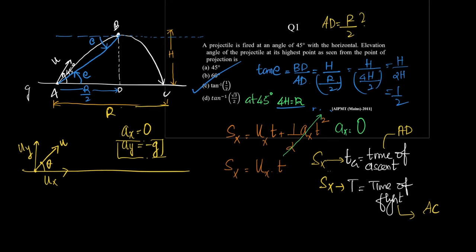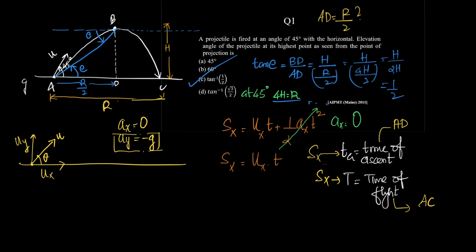Now let us write down these two equations again. Sx at t equal to Ta will be equal to ux into Ta, and Sx at t equal to capital T will be equal to ux into capital T, right?